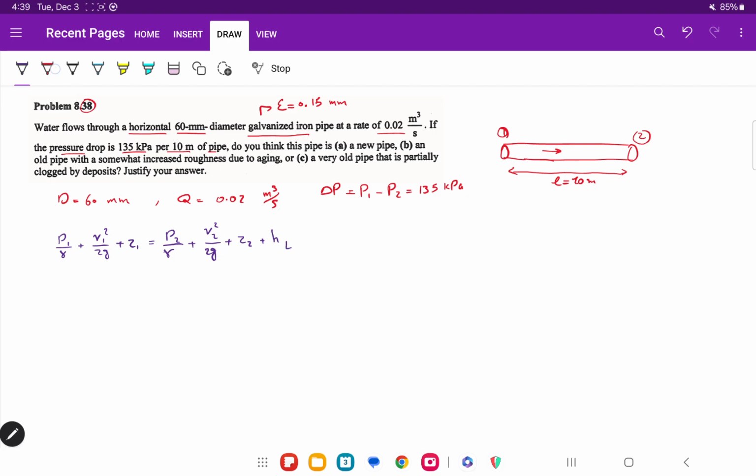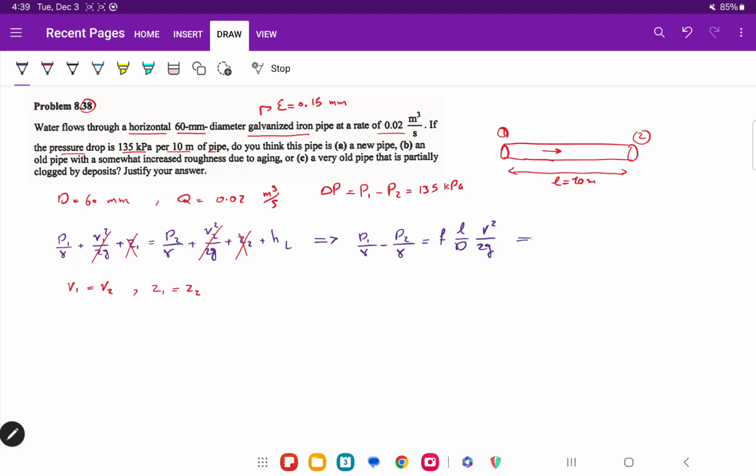Since the pipe is horizontal, we know that the diameter is fixed, so V1 equals V2, Z1 equals Z2. So this is gone, and these ones. Okay, so P1 over gamma minus P2 over gamma equals hL, f L over D V square over 2g.